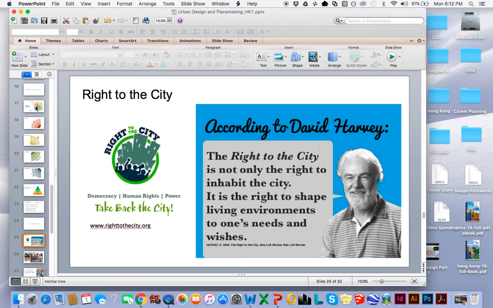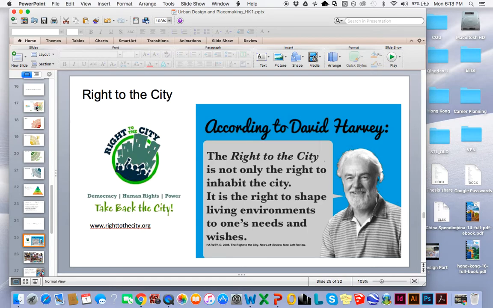The concept of right to the city started in the United States but has expanded rapidly around the world. And it's the idea that as more and more people move into cities, they should have the right to shape, and I'll discuss David Harvey in a moment, shape the way that the city can work for them and meet their needs and not just be developed for them, but with them.